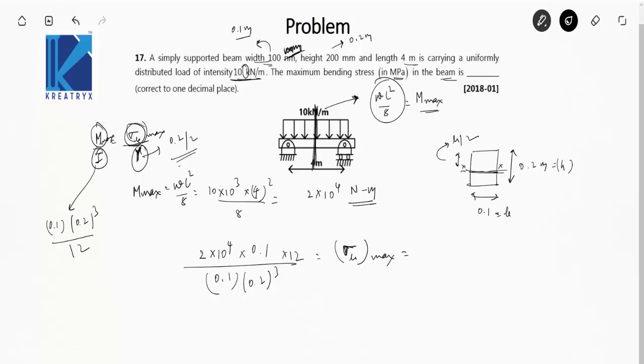Solve it. This will be equal to 30 megapascal. I'm directly writing it in megapascal. You will get the value into 10 to the power 6, but as I have to find the answer in megapascal, I'm writing the answer directly in megapascal. So this is 30 megapascal. Be careful in which units you have to fill the answer. Okay, thank you.